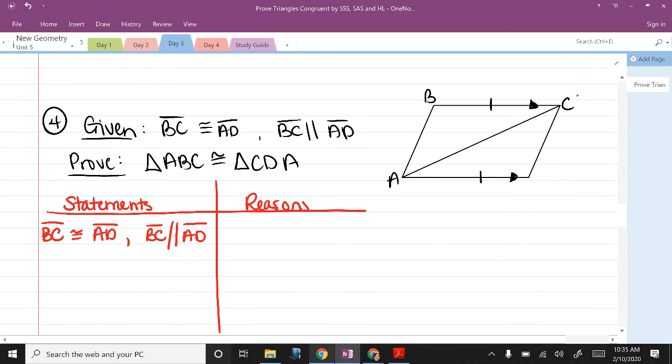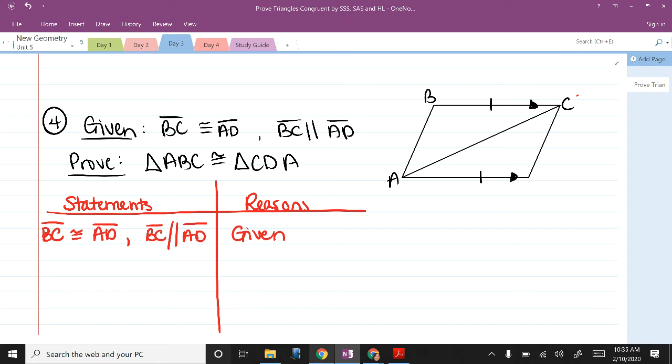And those are both given. So this is a parallelogram, and AC is a diagonal that goes through it. Y'all see that on the picture?